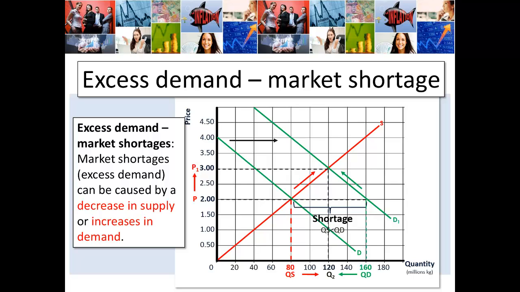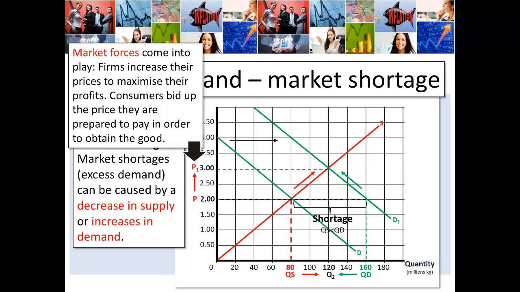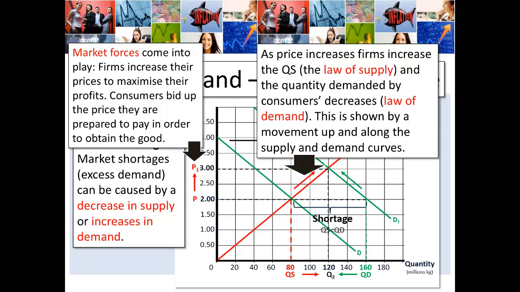And where consumers are prepared to pay a little bit more, you can bet that there are firms willing to adjust their prices upwards to take advantage of this and increase the profitability of the product they're selling. So again, we say market forces come into play. Firms increase their prices to maximize their profits. Consumers bid up the price they're prepared to pay in order to obtain the good.